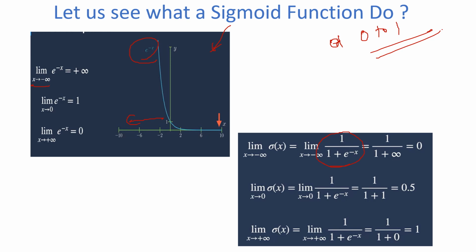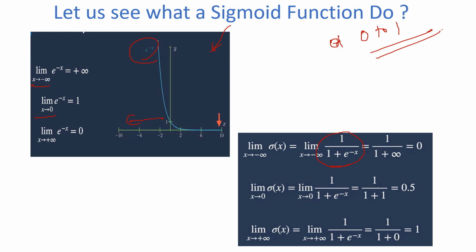Whenever x has a large negative value, e to the power of minus x goes in the positive direction towards infinite values, so its value gets large on the positive side.